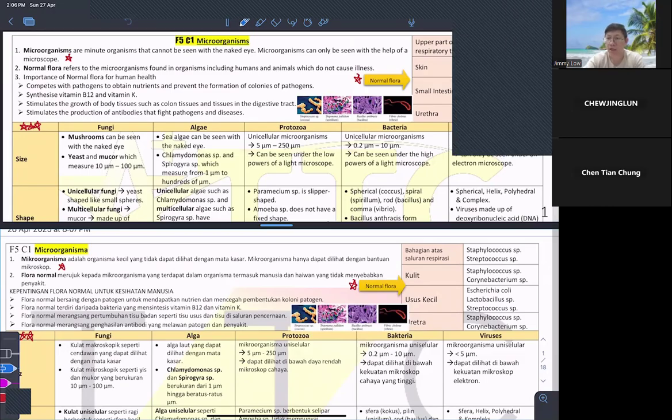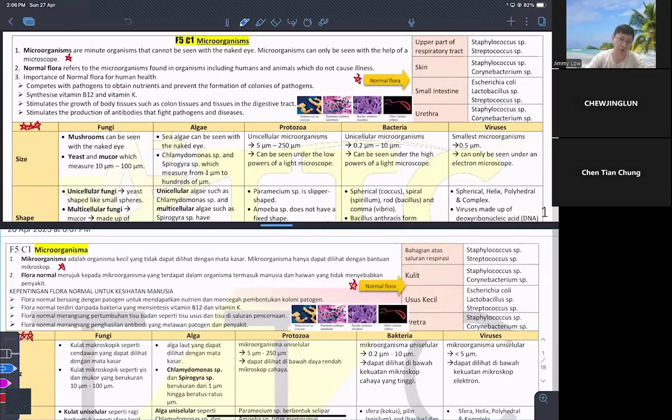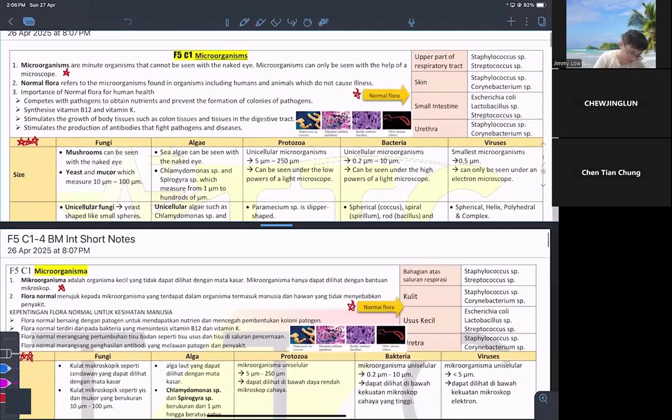From here, the first one that you have to go through is microorganisms. You have to know what microorganisms are. You have to know what normal flora is. Normal flora indicates microorganisms that are harmless or bring healthy benefits to the human body.